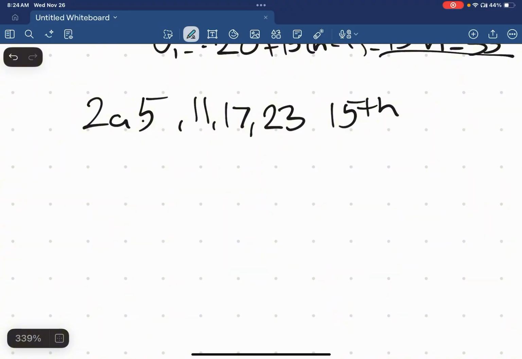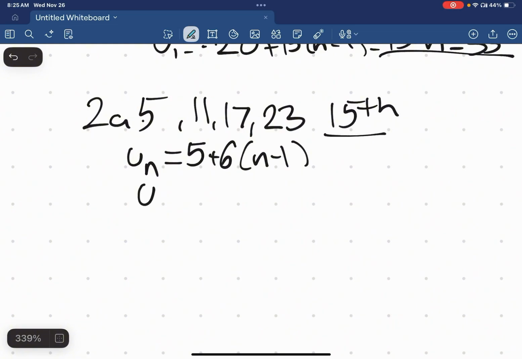The general term is un equals 5, our u1, plus the common difference 6 times (n minus 1). Since it's asking for the 15th term, n equals 15. So u15 is 5 plus 6(15 minus 1), which gives us 89.